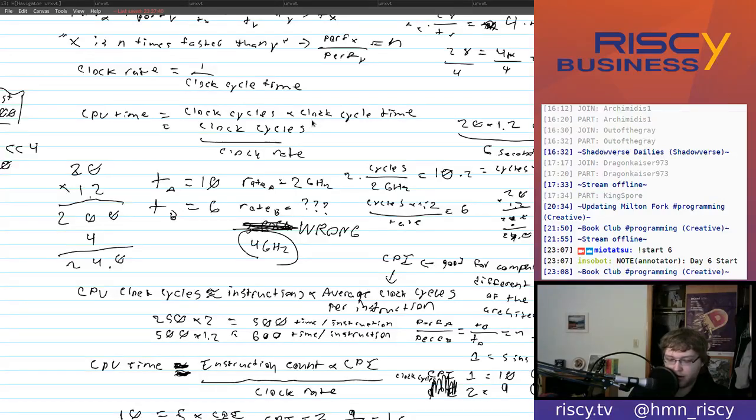In reality, or wait, I divided by 2.99. It's divided by 2.66 gigahertz. Should take 628.9. They listed 629. So again, off by 0.1.